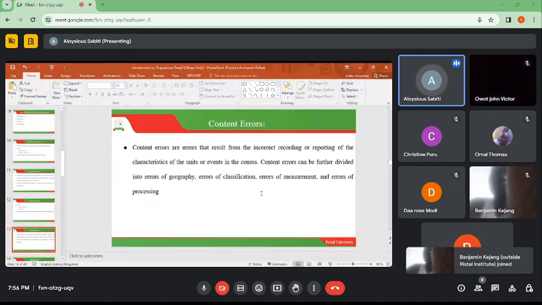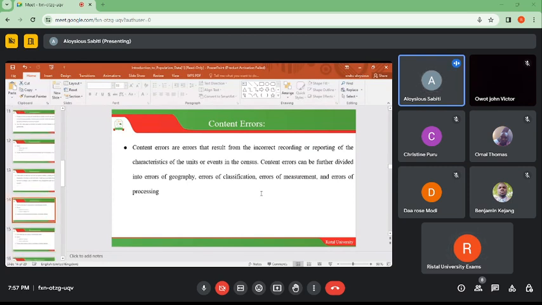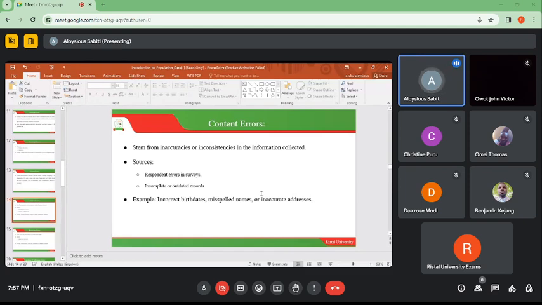Some individuals may not be very comfortable mentioning their ages, but also they may not be aware of their ages, and therefore having measurements of such age becomes a little hard. That is where we have content errors that arise in population data, and they stem from inaccuracies or inconsistencies in information collected.